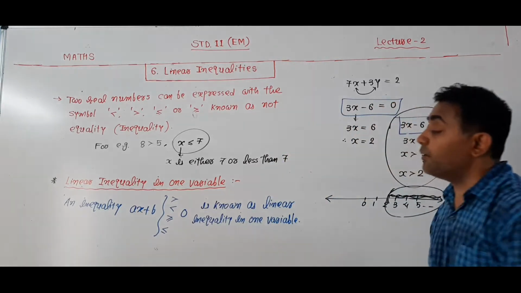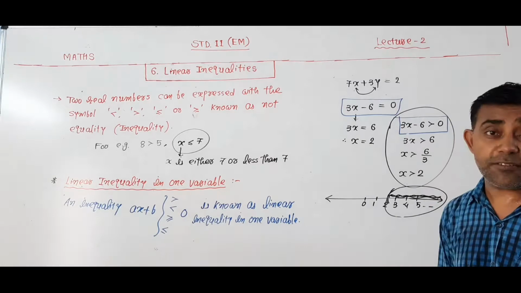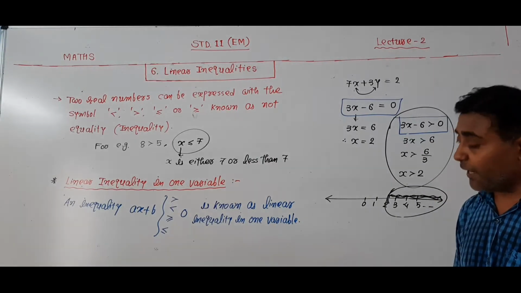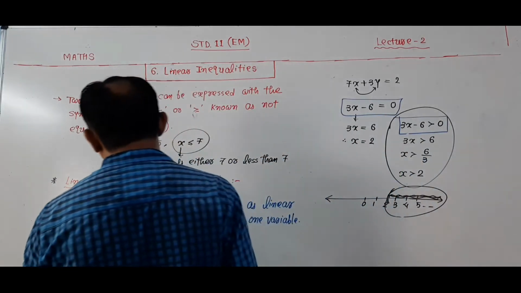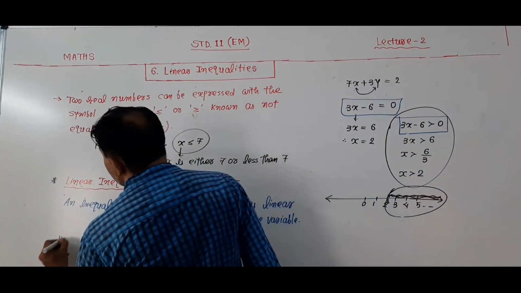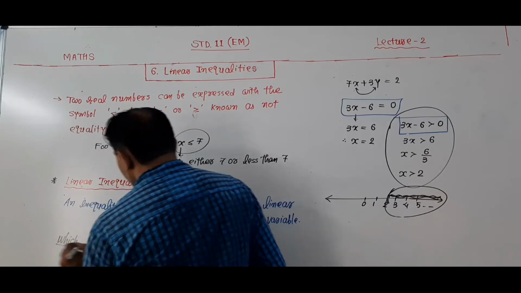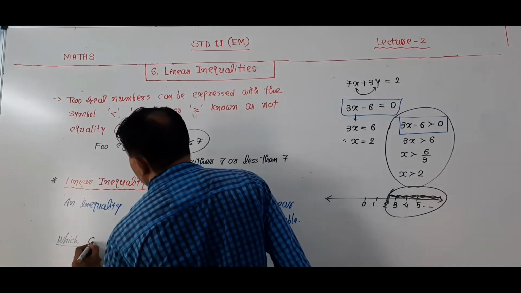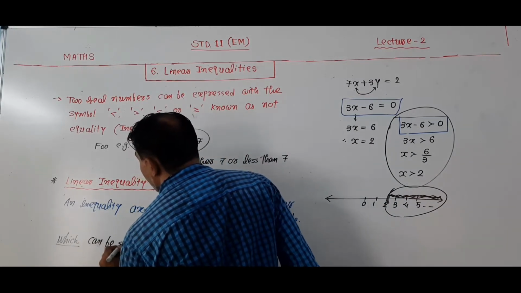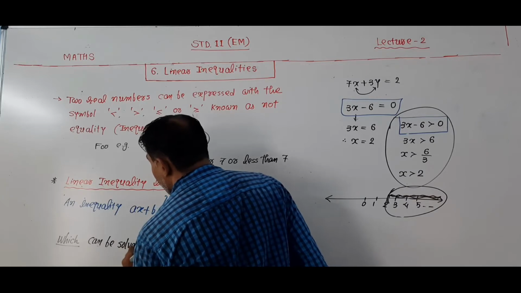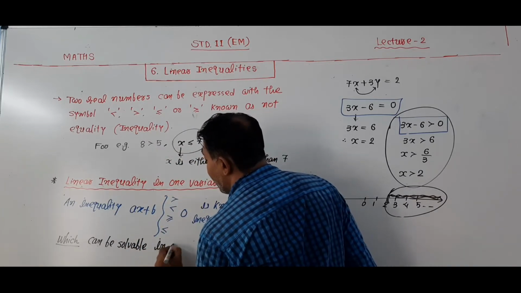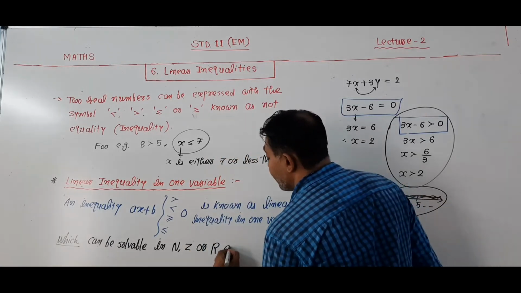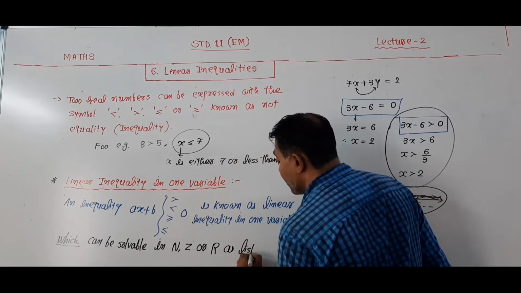Right? And remember that the solution of the inequality is always in the form of a solution set. So which can be solvable in set N, Z or R, as a listing method?